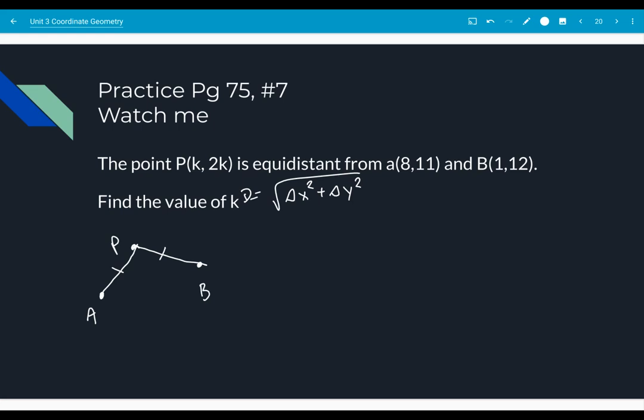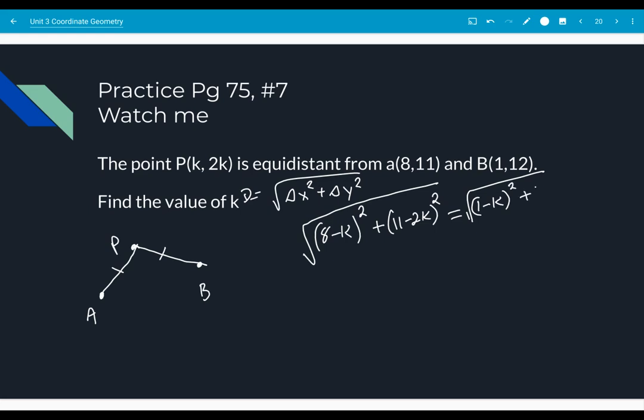So my change in x is going to be 8 minus k squared plus 11 minus 2k squared, all square root. And that is the same distance as the square root of 1 minus k squared plus 12 minus 2k squared.